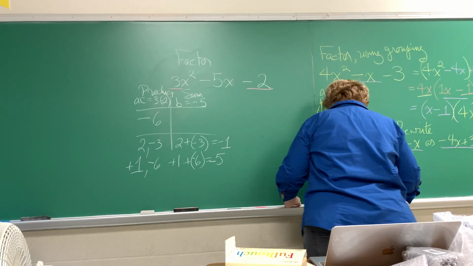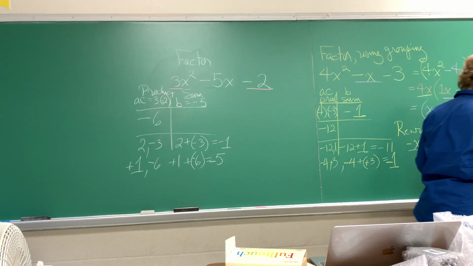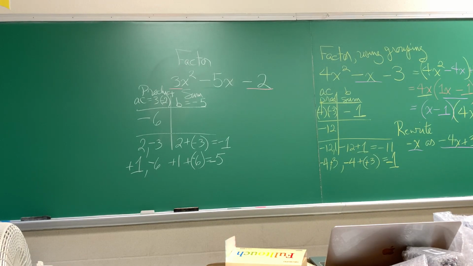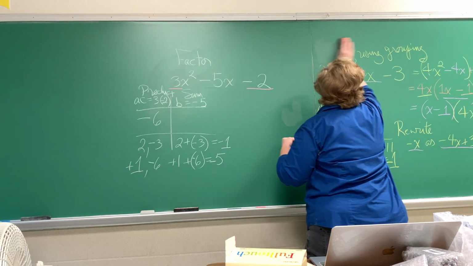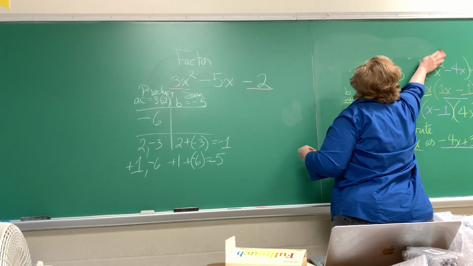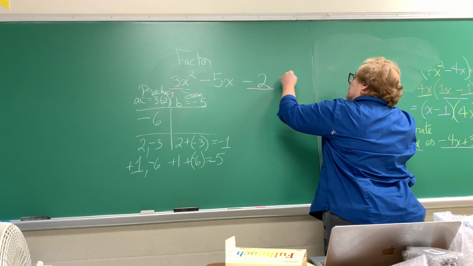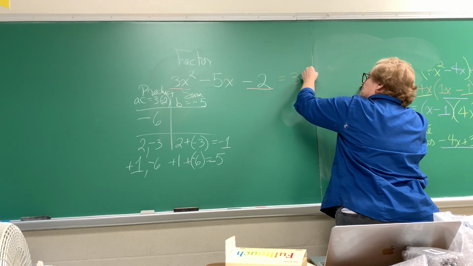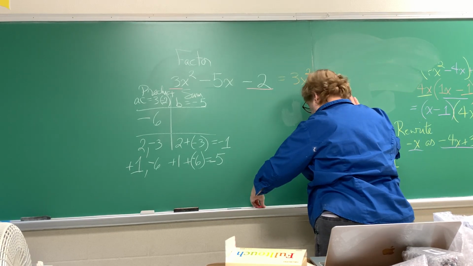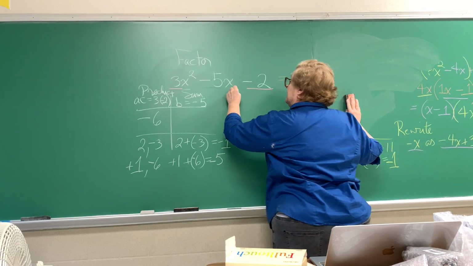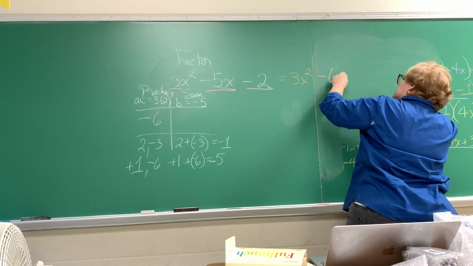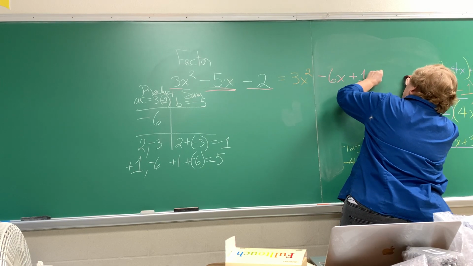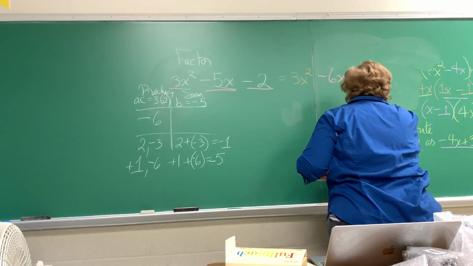And let's rewrite this. So we have 3x squared minus 6x plus 1x minus 2.